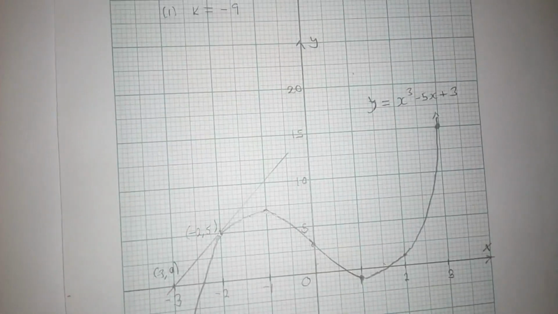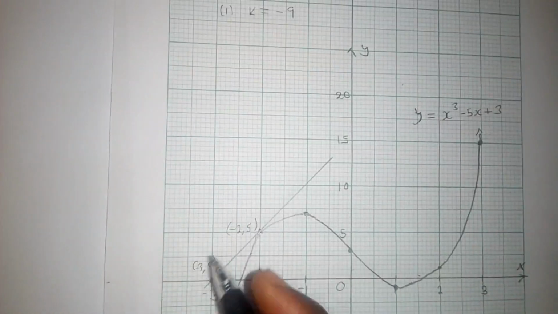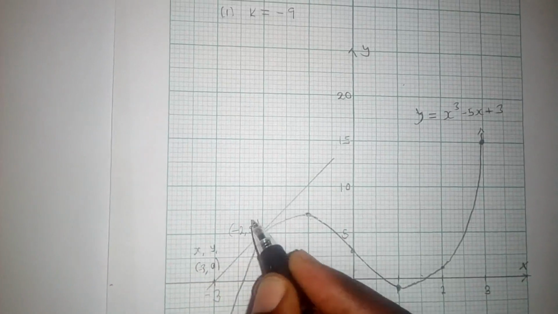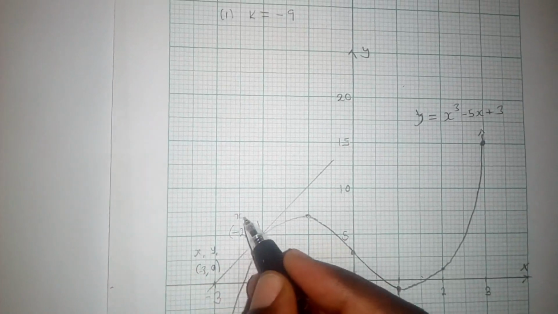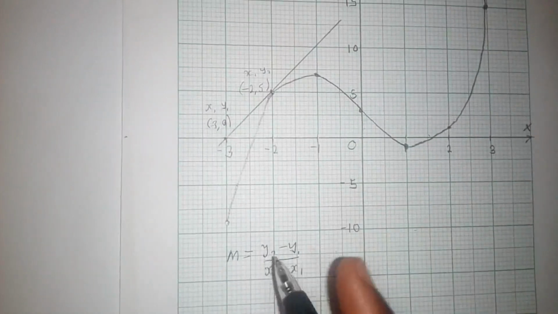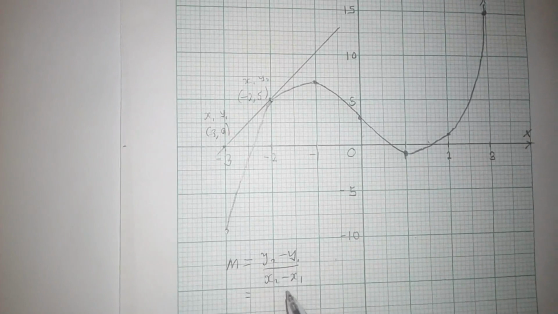So I'll go to my coordinates. I can indicate that this is my x sub 1 and y sub 1. This is my x sub 2 and y sub 2. So now pick what is my y sub 1.